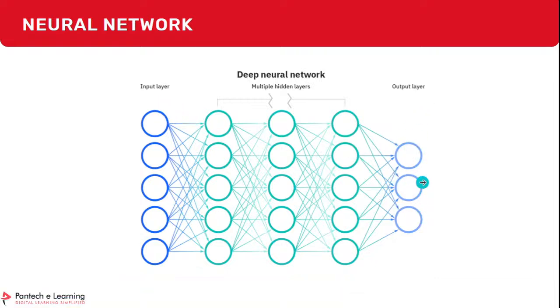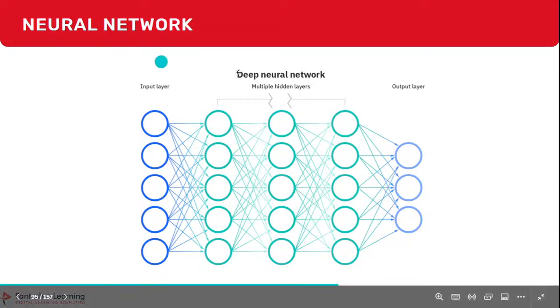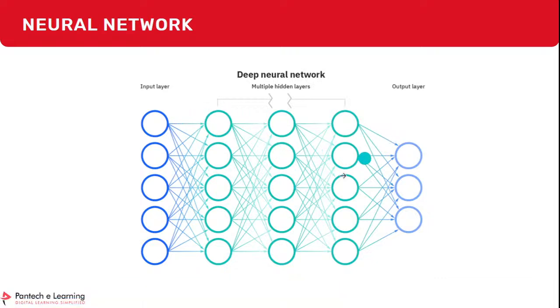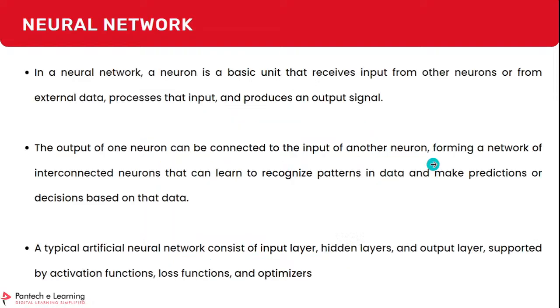Input is for getting the input from you, like the numbers behind images, and output is for generating the output. The layers in between are intermediaries that just perform some math, passing information along. So how is it done?